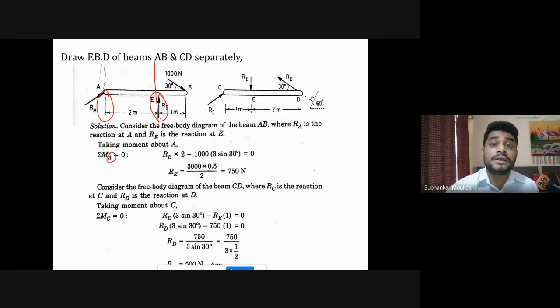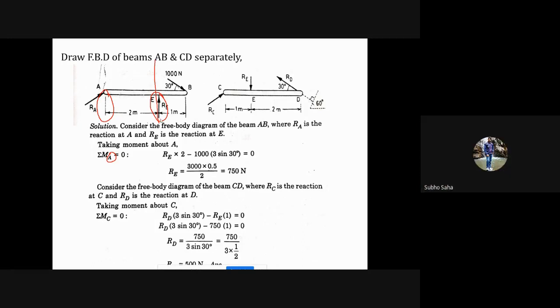But is it positive or negative? For that, I have to decide whether the moment is clockwise or anti-clockwise. This RE into 2, is it clockwise or anti-clockwise? Clockwise.